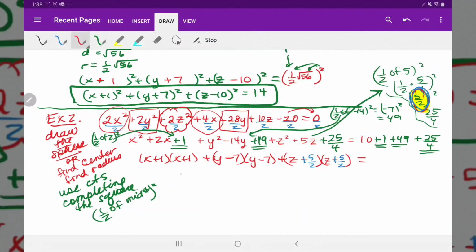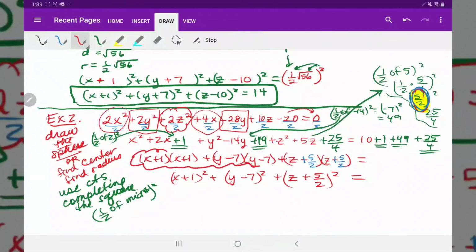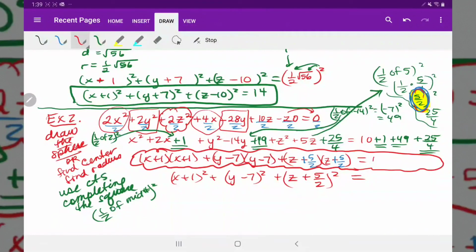So that's 11 plus 49, which is 60. 60 plus 25 fourths, right? Times 4 times 4, so that's 240. 240 and 25 is 265 fourths. And that would be equal to this.